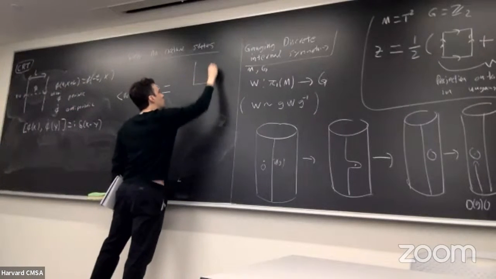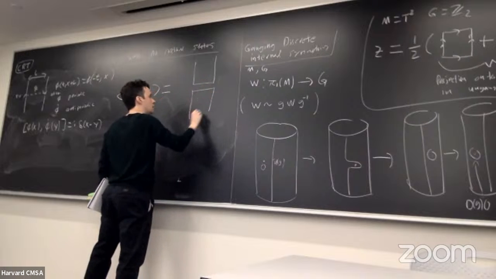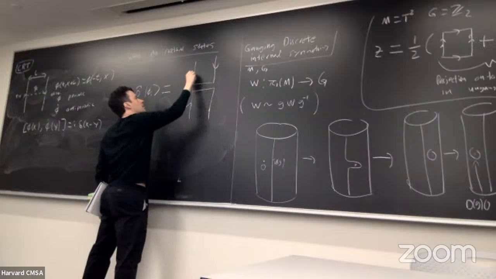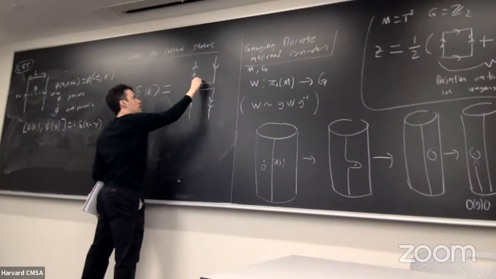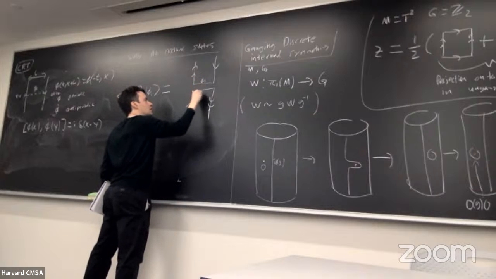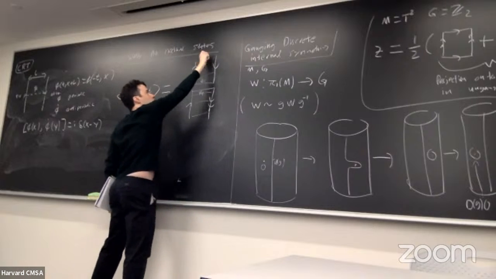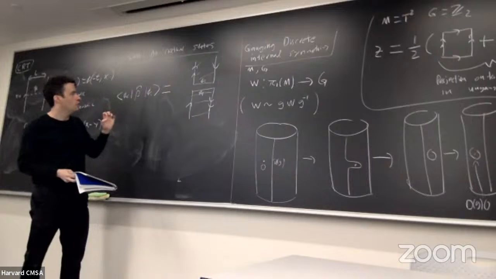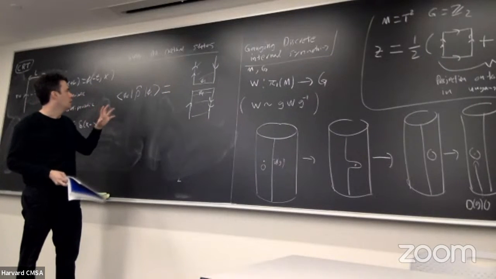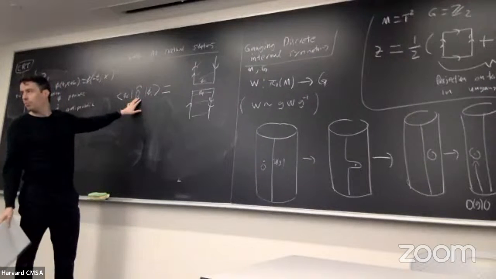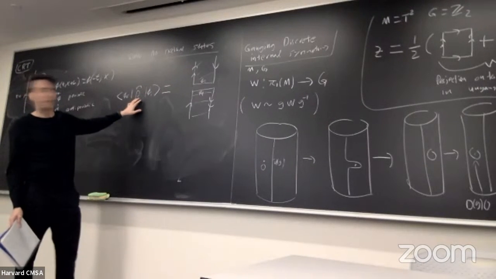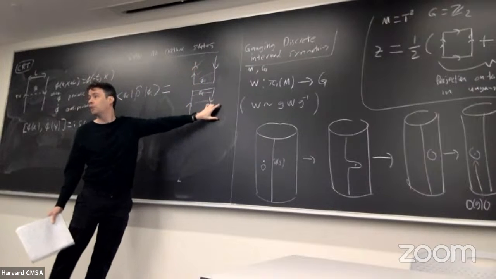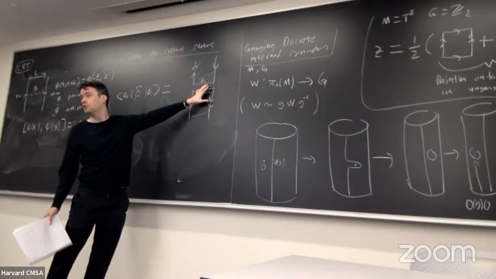The natural thing to do is to take the Euclidean Mobius strip and then put a phi initial boundary condition here, a phi final boundary condition there, and do the path integral. Now you see I put a density operator here, not a pure state, right? The reason I had to do that is because these boundary conditions could act as the bra and the ket. So at best, I'm going to get a mixed state. I'm certainly not going to get a pure quantum state out of trying to use the Euclidean Mobius strip.